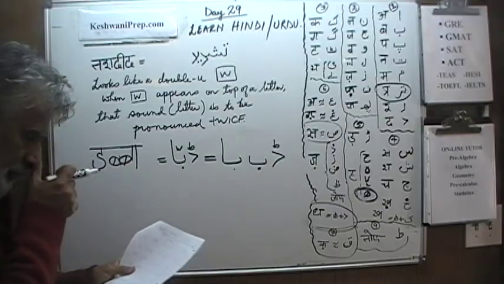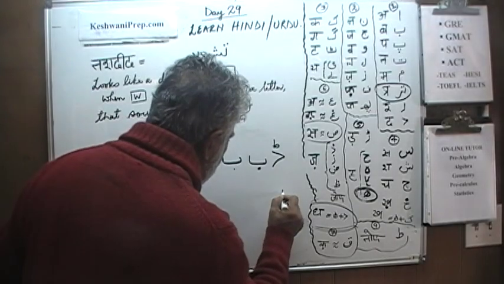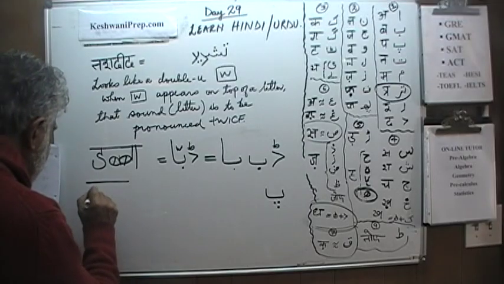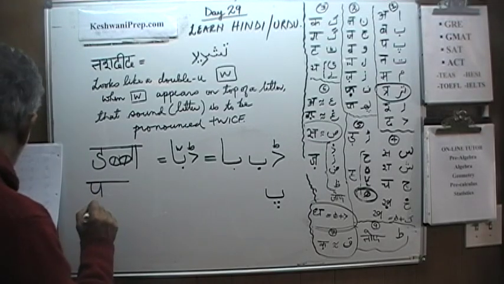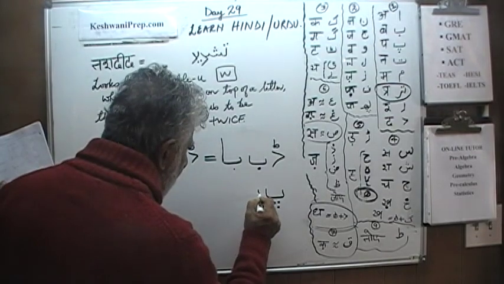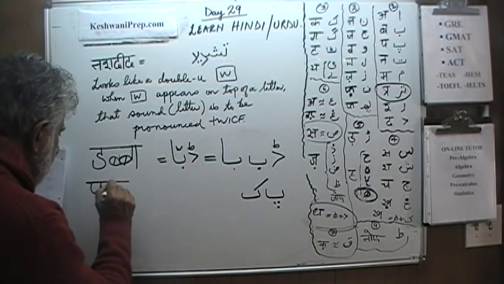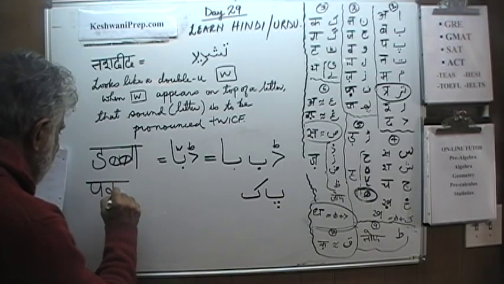Let's do one more, shall we? Pa. And then kaf. This is kaf. This is k.